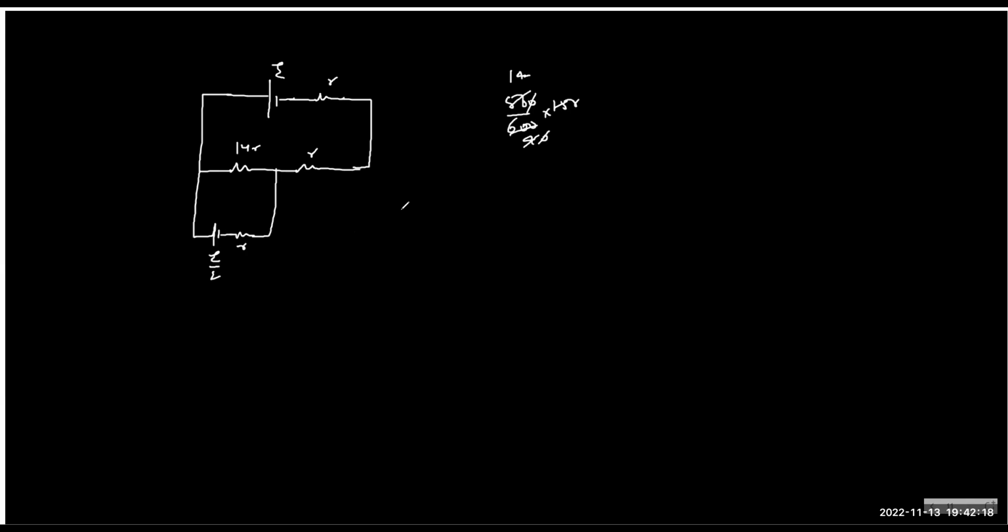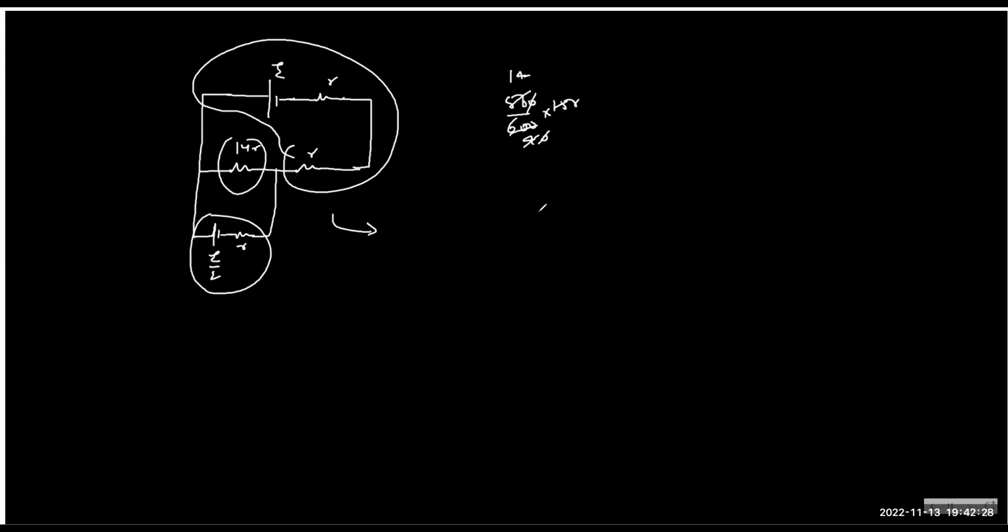Okay. So I can solve this in a really simple way by taking this entire term, one cell, second and third. If you convert, this will look like E to R, then 14R, and then E by 2 and R. Do you realize this part?